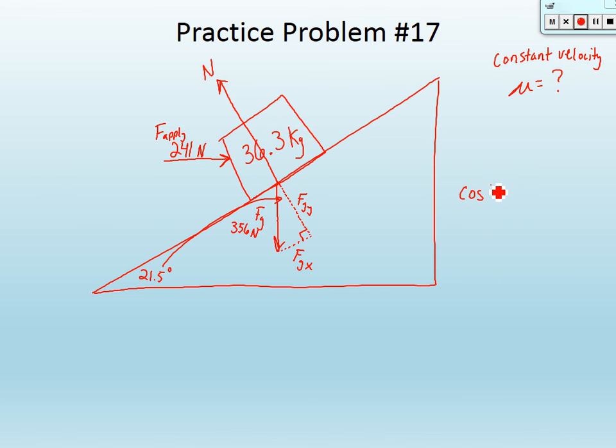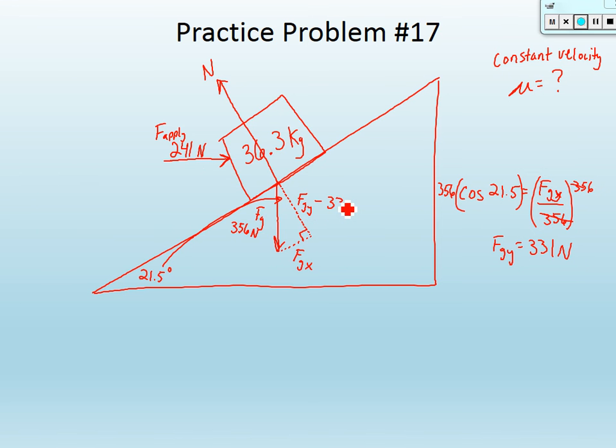Cosine of 21.5 is equal to adjacent FGY divided by the hypotenuse, which was 356. So FGY is equal to 331. Did anyone get that?